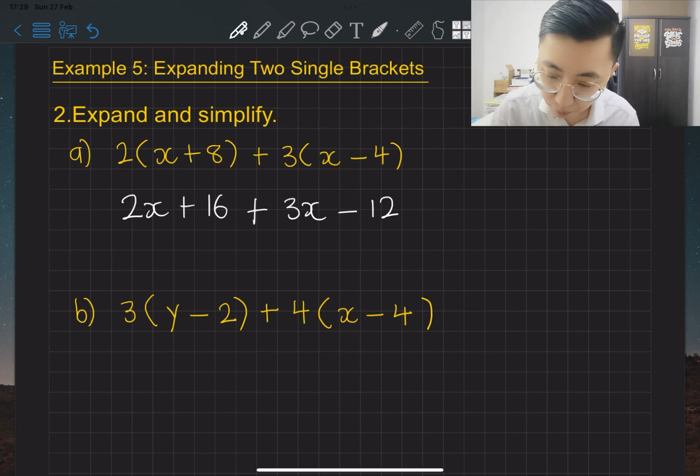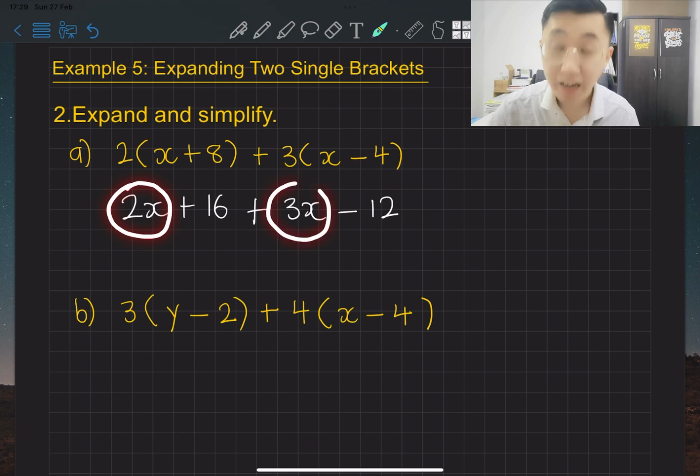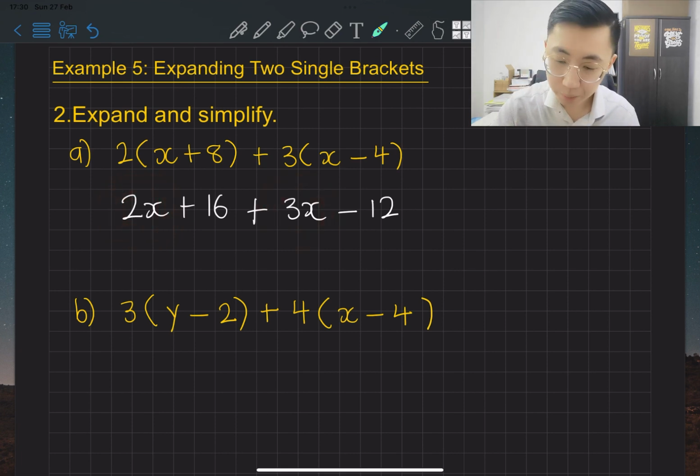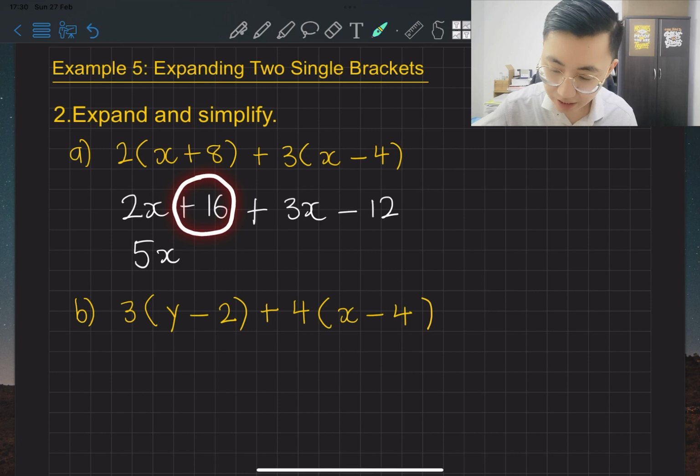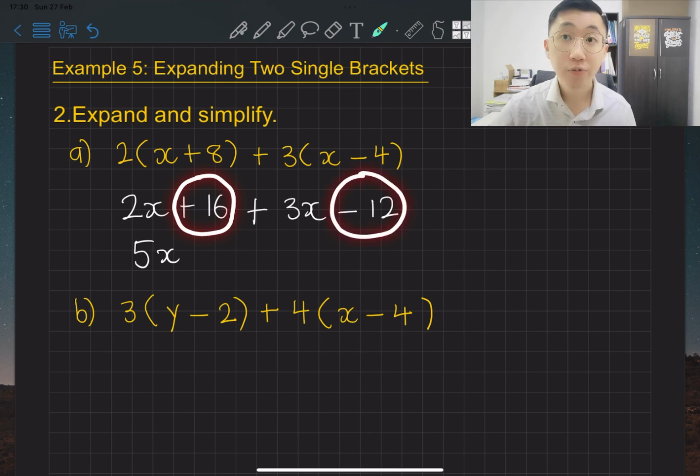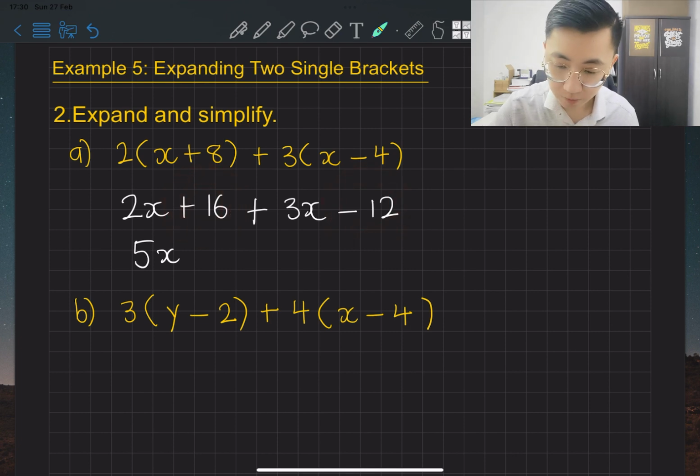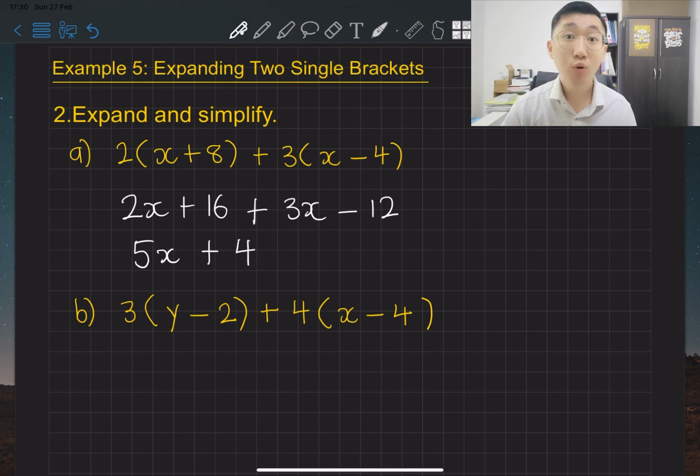So we're going to combine the like terms. 2x and 3x can combine. That will become 5x. Continue to see what we can combine for the like terms. I can see plus 16 minus 12. That will give you plus 4. And that will be the final answer for A.